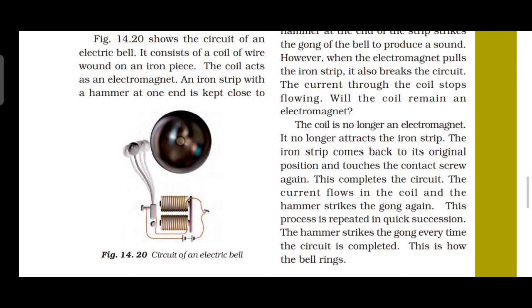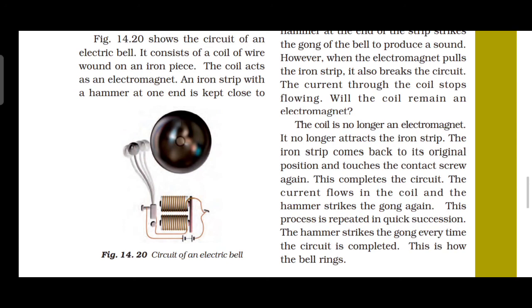When the iron strip is in contact with the screw, the current flows through the coil, which behaves as an electromagnet. Then it pulls what? The iron strip. In the process, the hammer at the end of the strip strikes the gong of the bell to produce what? Sound, because there is an electromagnet.